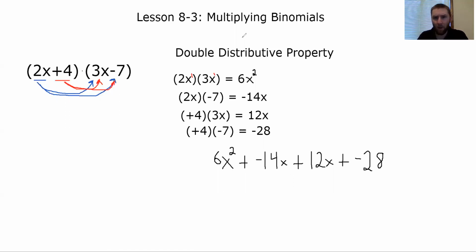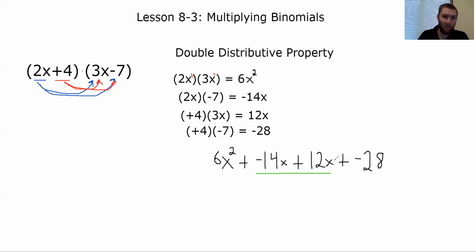Now, the thing I want you to notice here is that these 2 pieces right here are like terms. They have exactly the same variable pieces. They both just have an x. They're not like terms with this front piece because that is an x squared. That's not the same thing. But an x and an x, these are like terms, so I can go ahead and combine them together. A negative 14x plus a 12x.